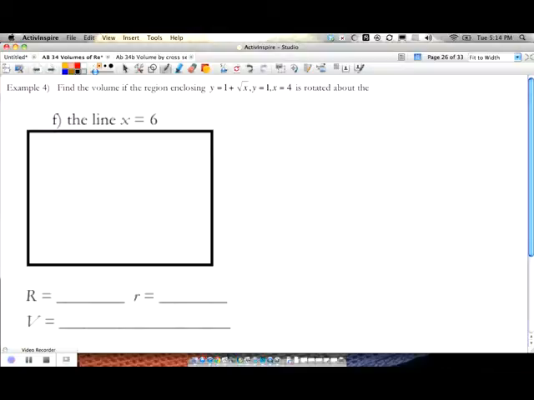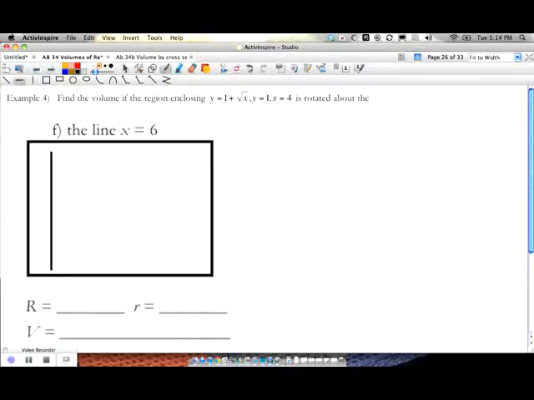Now we're going to rotate around the line x equals 6. So let's start with an x and y axis. And we have our curve. We're going to do this in a gray shade here. I'm putting in my boundaries just like we had before. Those things haven't changed.